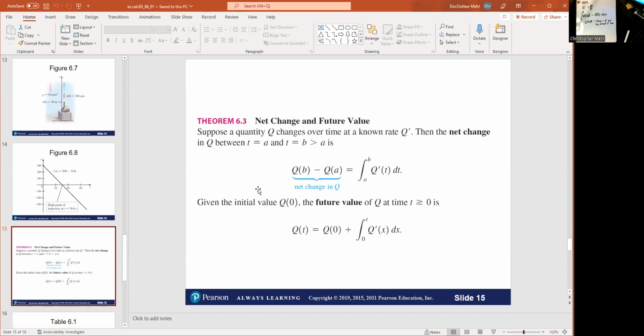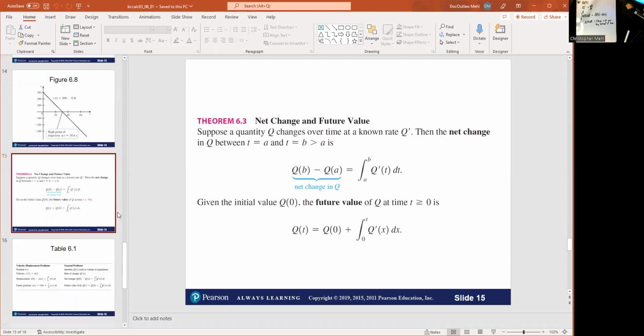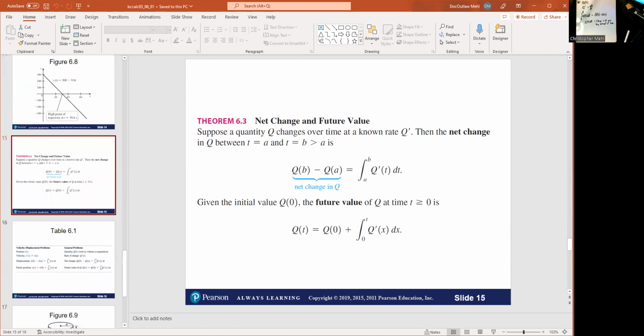And if I know an initial value Q at time 0, the future value at any time t greater than or equal to 0 is Q at 0 plus the integral from 0 to t of Q prime of x dx. Okay, so that is the more general theorem.